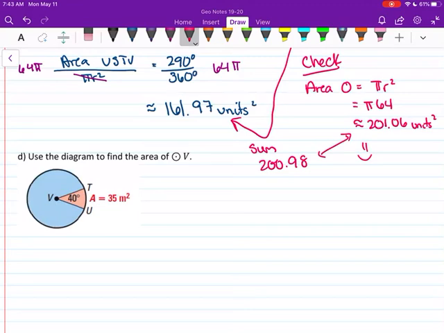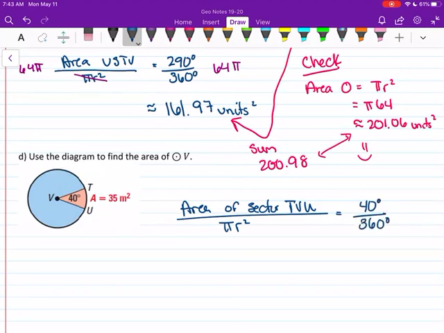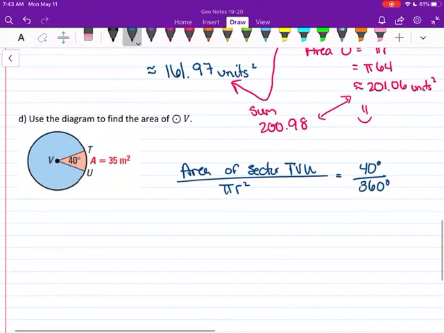Let's write down our proportion. Our proportion says that the area of sector TVU divided by the area of the circle, which is pi r squared, is going to equal that 40 degrees divided by 360 degrees.